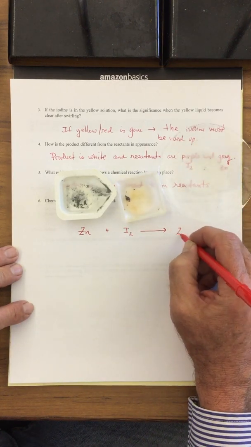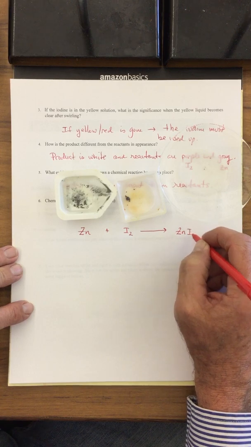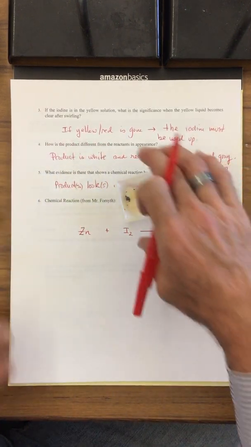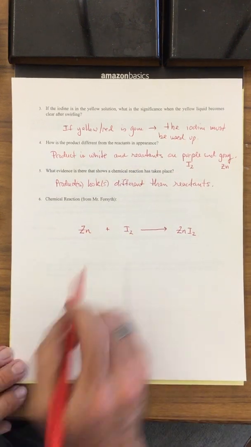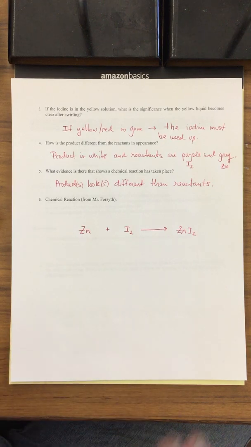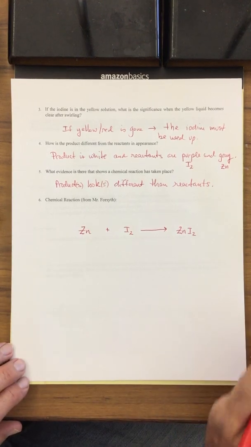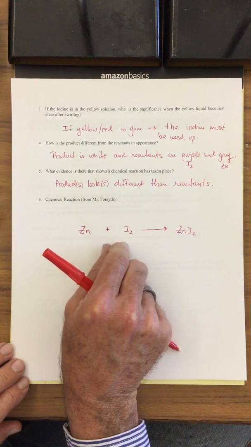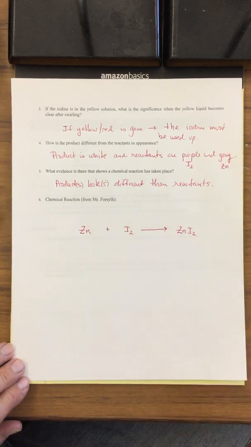This white powdery stuff is zinc iodide. No balancing is necessary for this. We have one zinc here, we have one zinc, we have two iodines, we have two iodines. This is the combination reaction. This is why it's called the combination reaction again, because you're taking these two things and they combine together to produce a single thing.